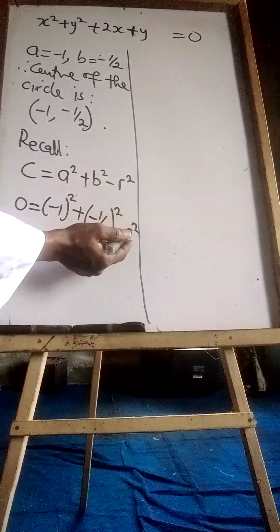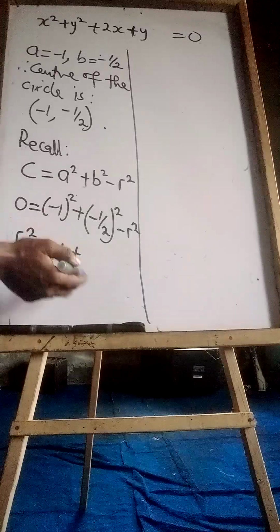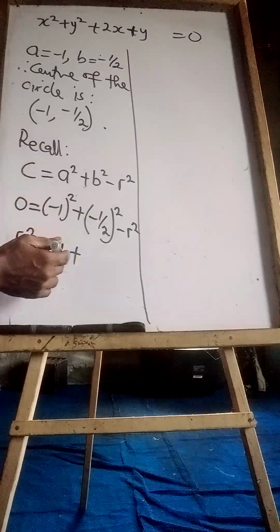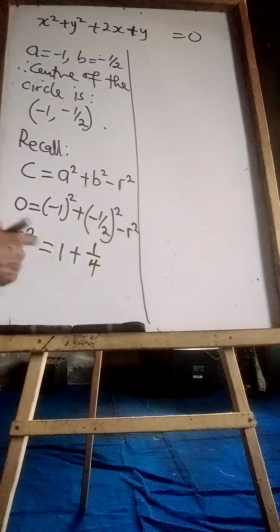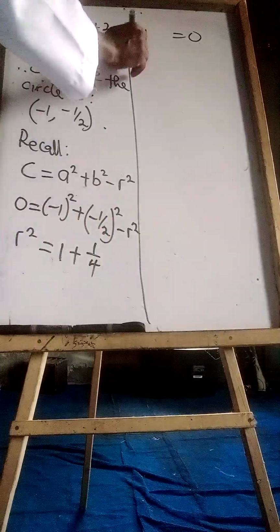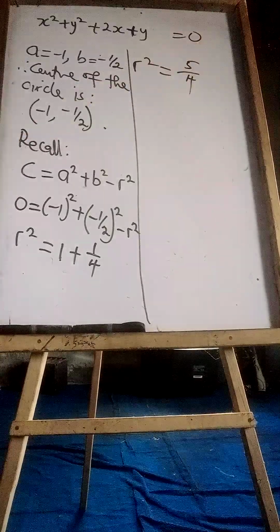By transferring minus r squared to this side, it becomes positive r squared, which is equal to minus 1 squared, which is positive 1, plus minus half squared, which will be 1 over 4. So when you add these, you get r squared equals 5 over 4.